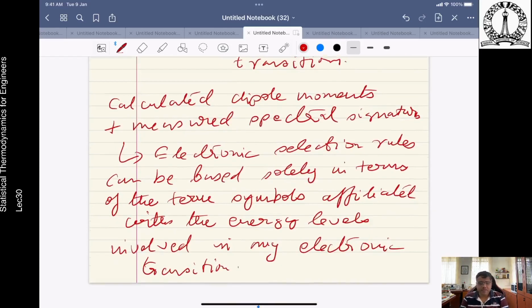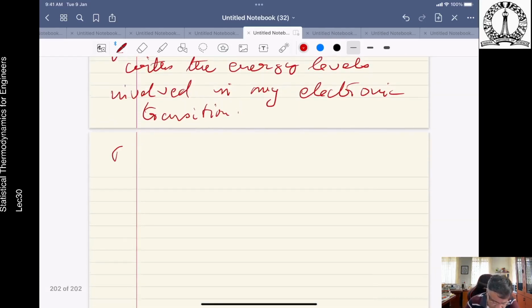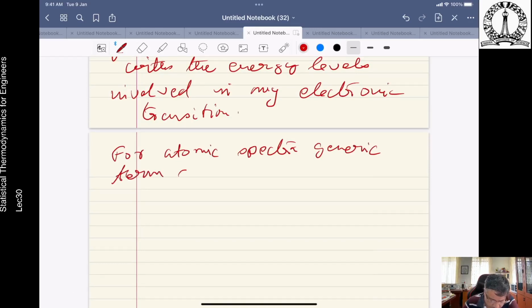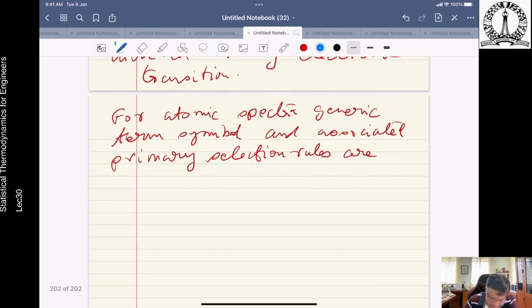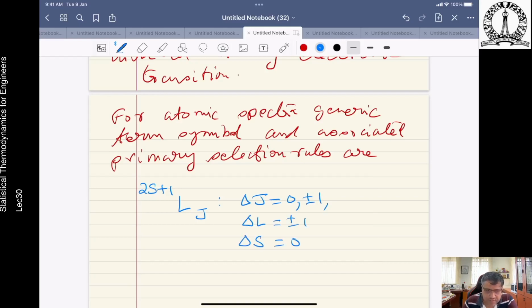Let's look at atomic spectra. For atomic spectra, the generic term symbol 2S+1 L J and the associated primary selection rules are: delta J equals 0, plus or minus 1; delta L equals plus or minus 1; delta S equals 0.